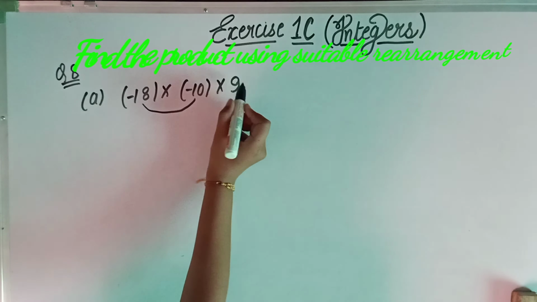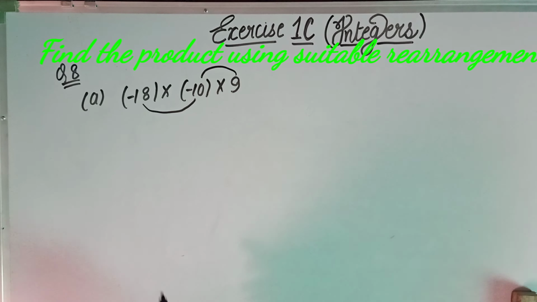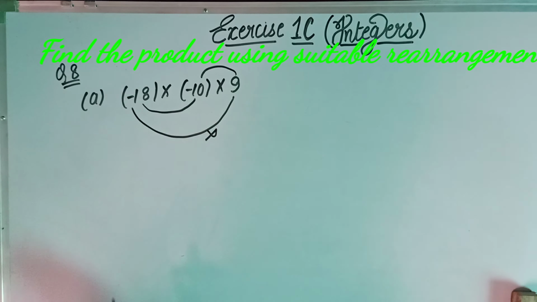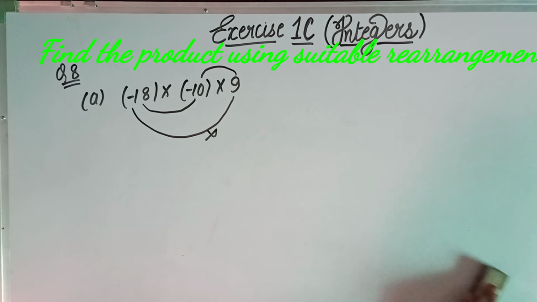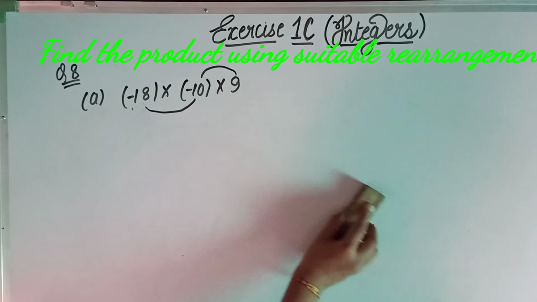If you group 9 with minus 10, again you will get one 0. But if you group 18 with 9, no 0 comes in the ones place. So we are not going to prefer grouping those numbers.